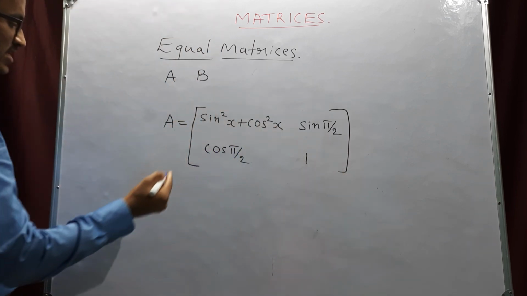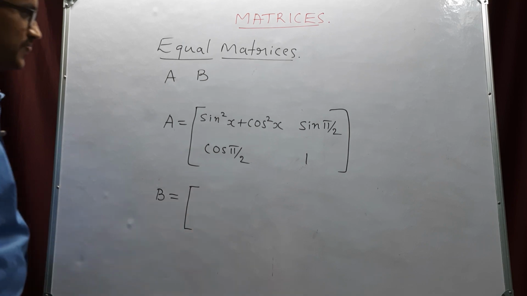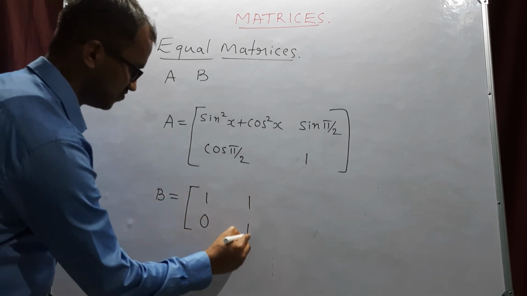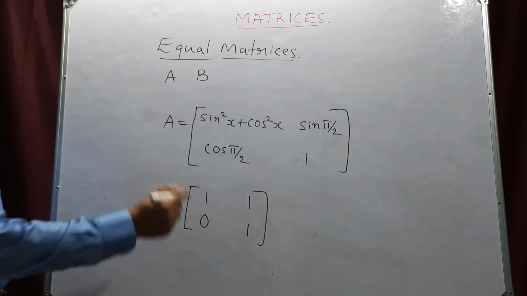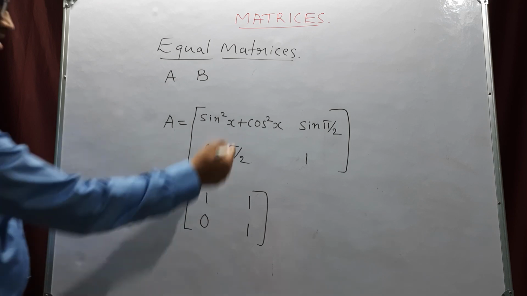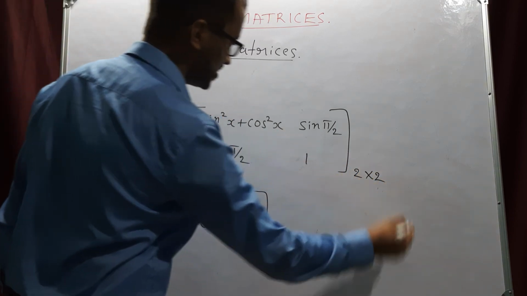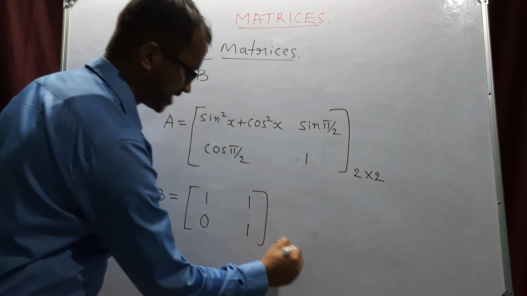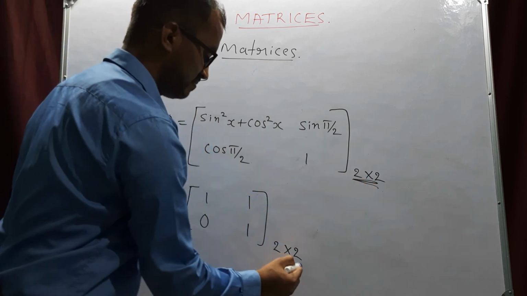This is the matrix A. Consider the matrix B equals 1, 1, 0, 1. We can say that these two matrices are equal because the order of the first matrix is 2 by 2, and the order of the second matrix is also 2 by 2. So both matrices are of the same order.